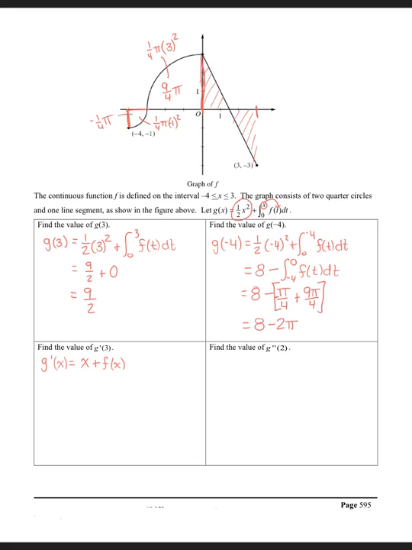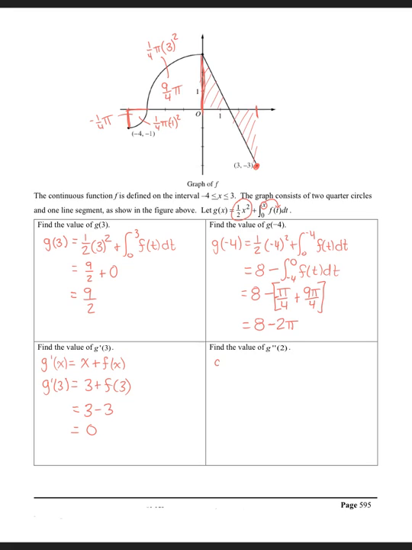If we wanted g prime of 3, I would have 3 plus f of 3. On the graph here, f of 3 is -3, so I have 3 minus 3, which is 0.